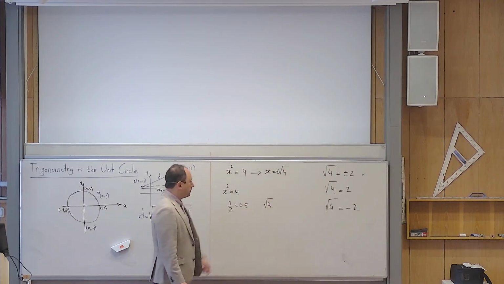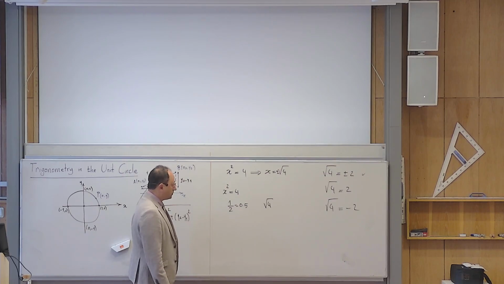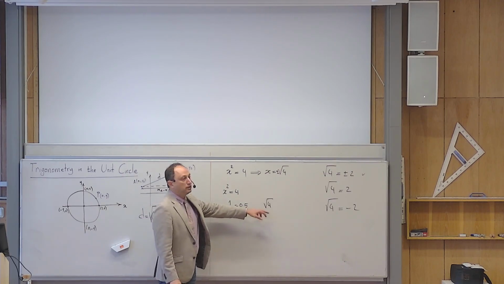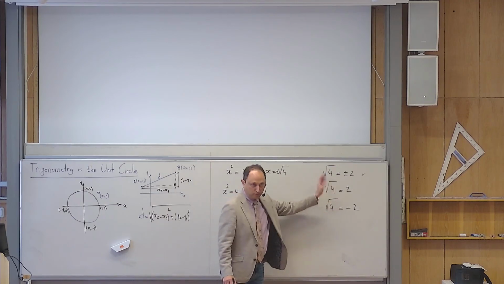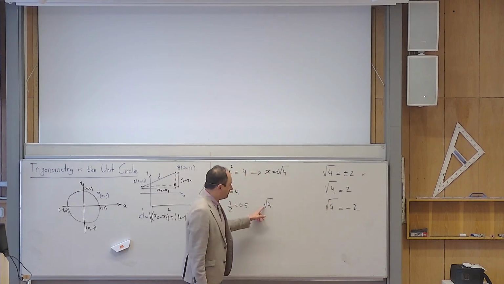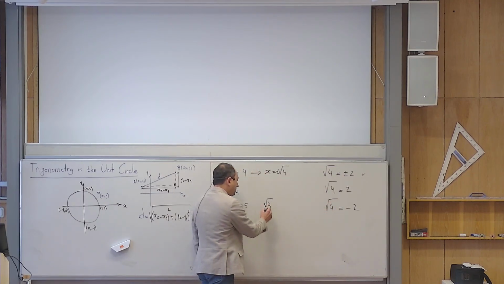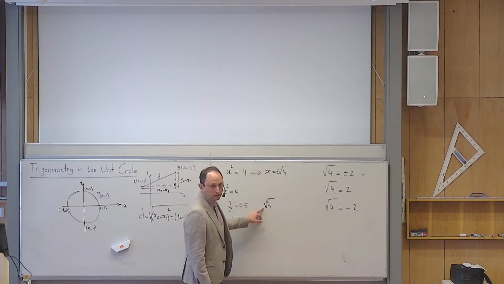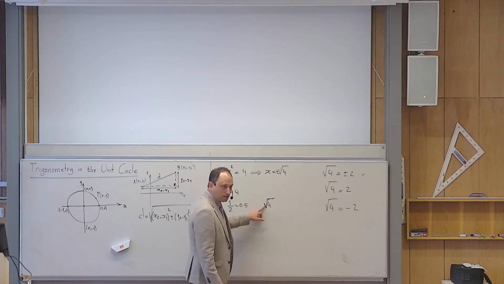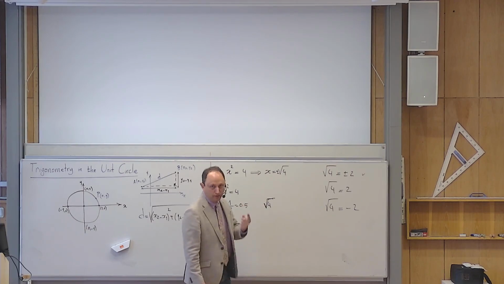The square root of 4 is not asking you, give me all numbers whose second powers are 4. Yes? In that case, you are right. All of them are true. But there is a convention here that this symbol, when you see it, means give me the positive one. Yes? So there is nothing to understand here. There is a convention that this symbol refers to only one of them.